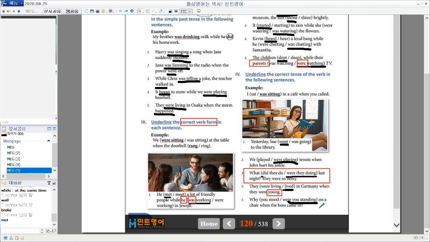Why did you stand on a chair when the boss came in? Yes, very good. That is also correct.